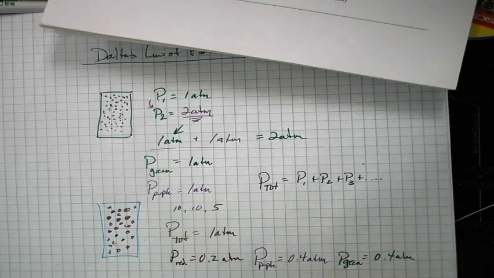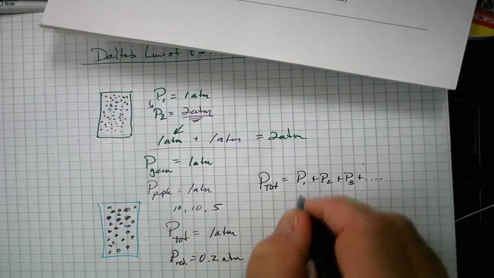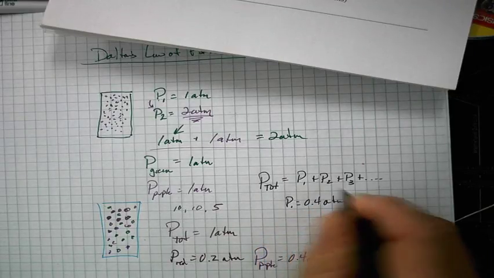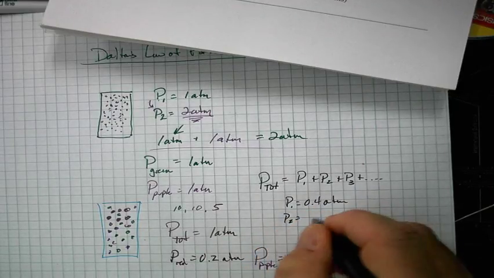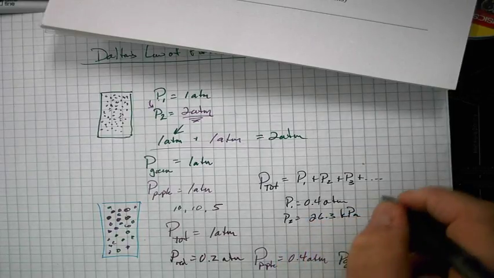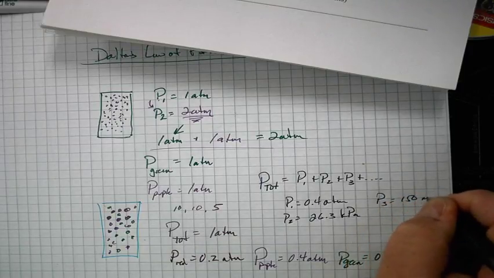That's it. Now, I can be diabolical and give you different units of pressure. Say P1 equals 0.4 atmosphere and P2 equals 26.3 kilopascals and P3 equals 150 millimeters of mercury.